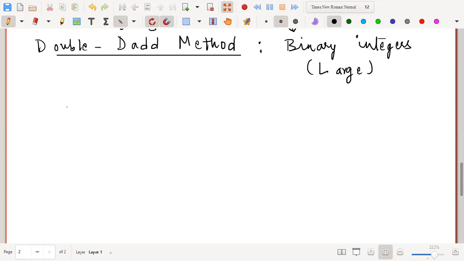What are the steps? First, double the first bit, whatever first bit is there on the extreme left. Then add this double value to the next bit on the right. The second step is to double the sum obtained and then add the next bit. And you need to continue these steps.